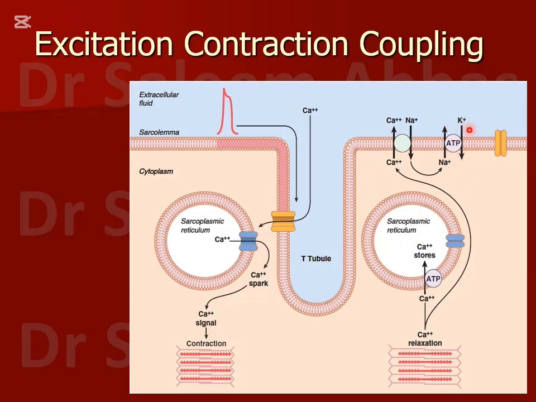Here you can see the sodium potassium pump, which is the primary active transport. Here you can see the calcium sodium exchanger, which is basically secondary active transport.